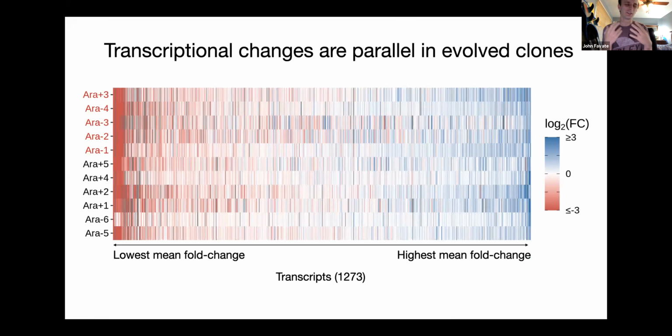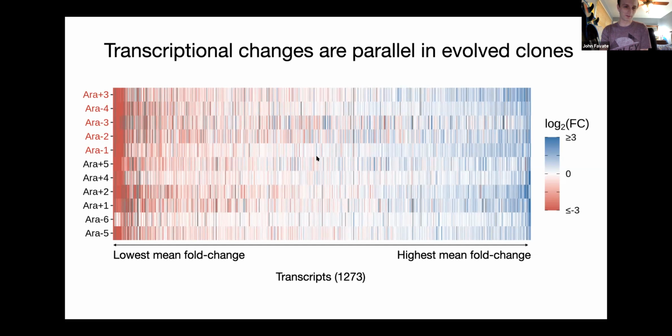And what I've done, just for visualization purposes on this heat map, is organize the genes from left to right in order of increasing mean fold change. And you get this really striking red to blue gradient across the x-axis. What that visually indicates is that among the statistically significant set, there are a lot of genes that are downregulated in all the lines, and a lot of genes that are upregulated in all the lines.